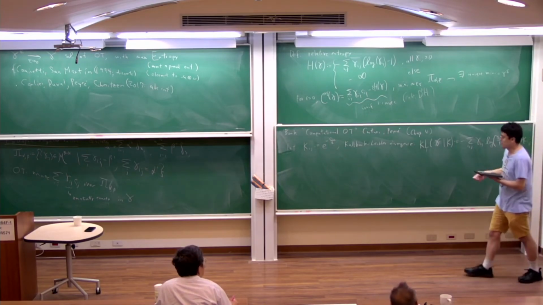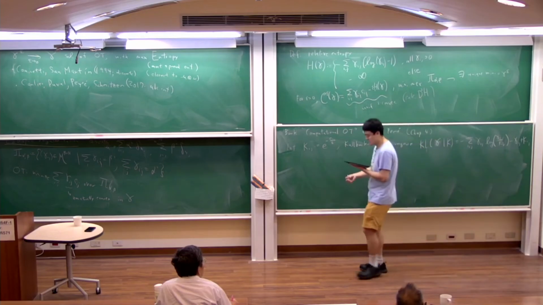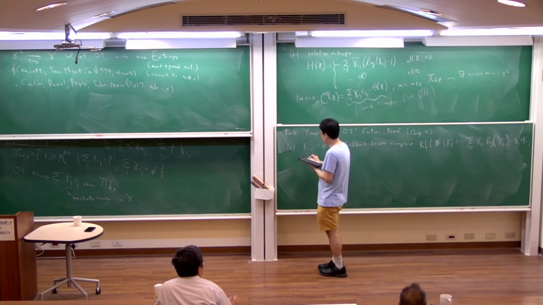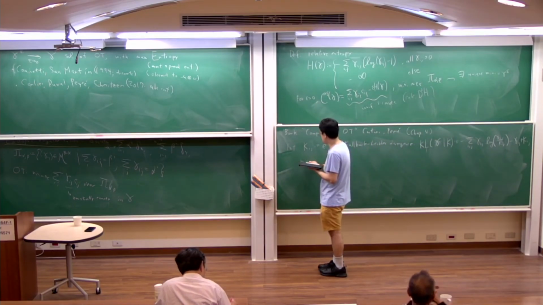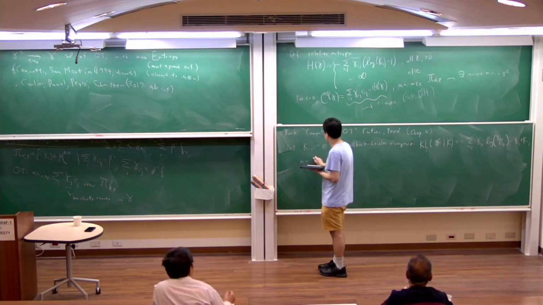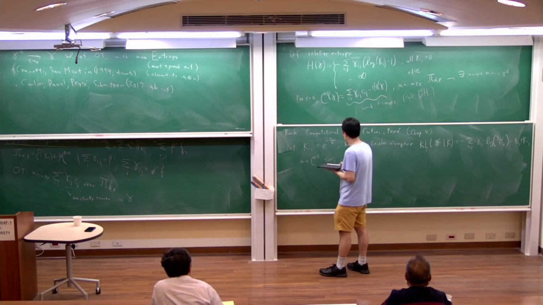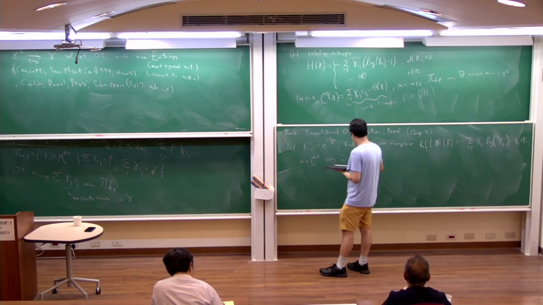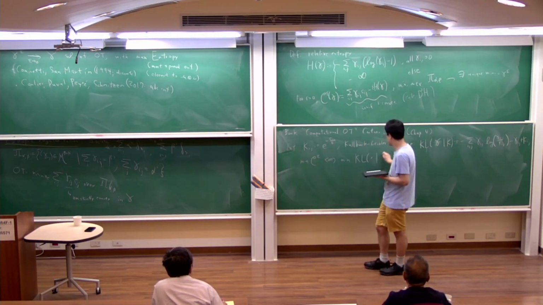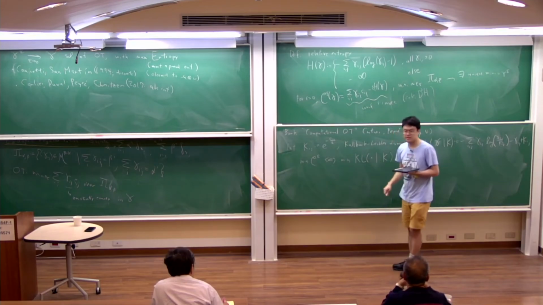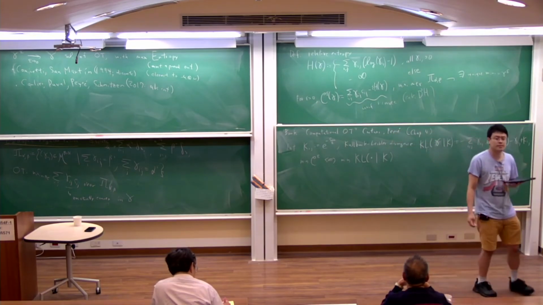Then it's just a matter of calculations, sticking stuff in the log. You minimize this relative entropy if and only if you minimize this Kullback-Leibler divergence.